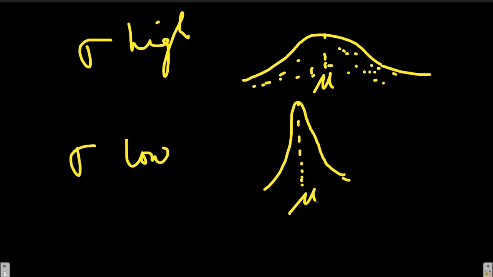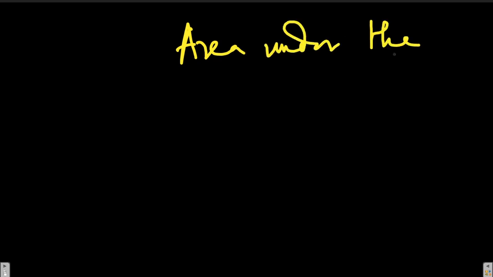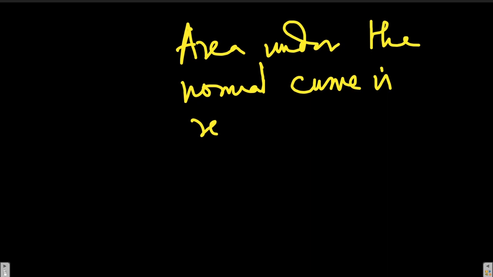Irrespective of whatever the value of sigma is, big or small, the area under the normal curve has some sort of relationship with sigma.